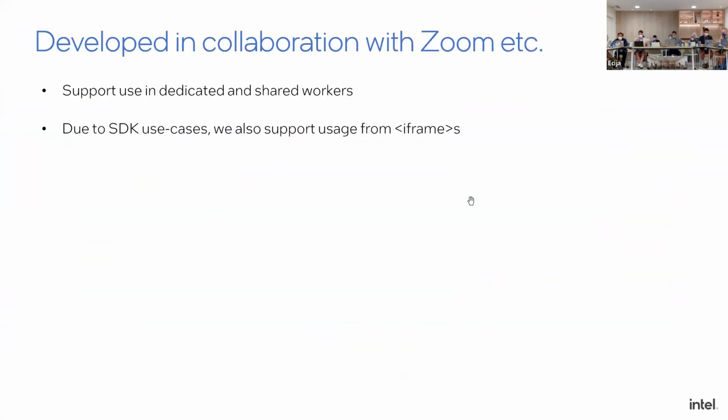And as we normally do when something is part of the Project Fugu project, we collaborated and talked to clients, like Zoom, and asked what are your use cases, how do you like the API shape, all of that.